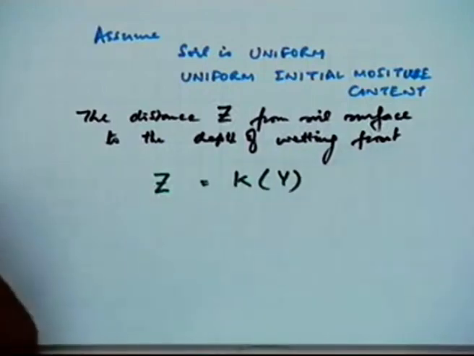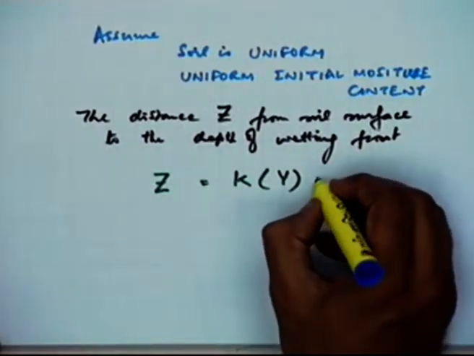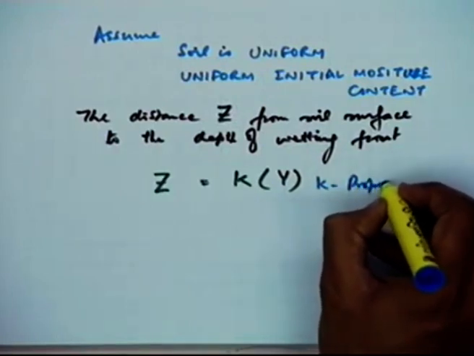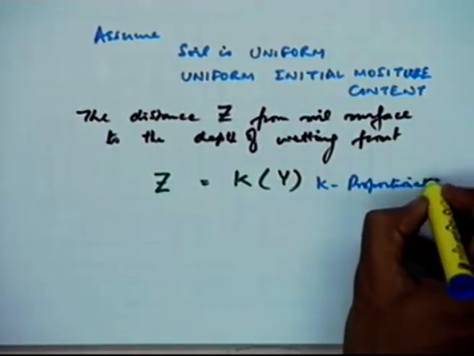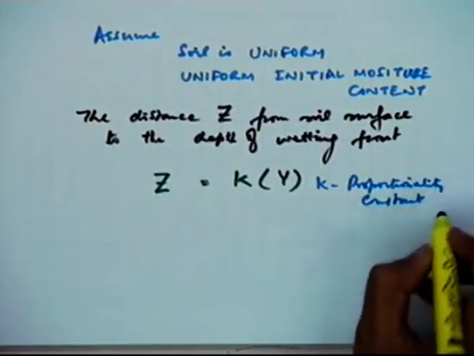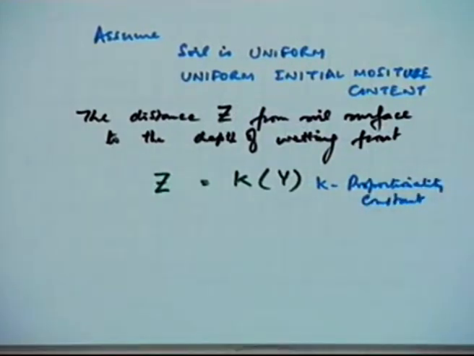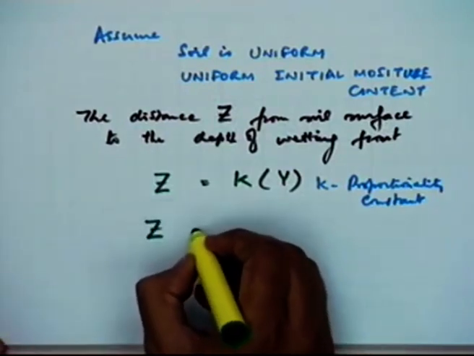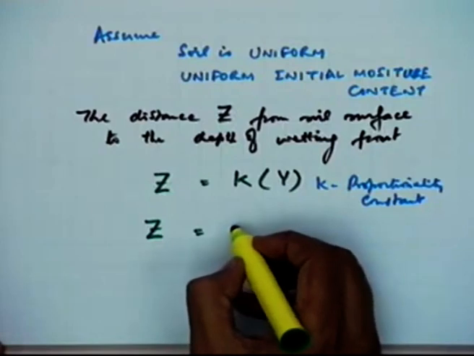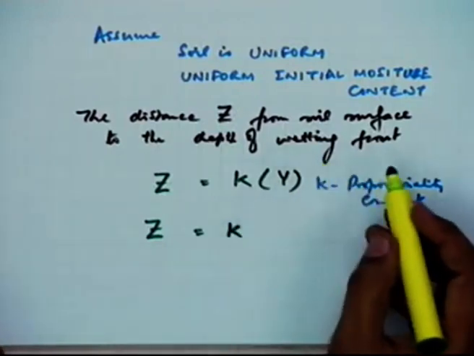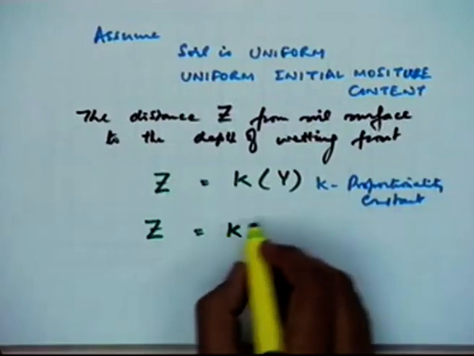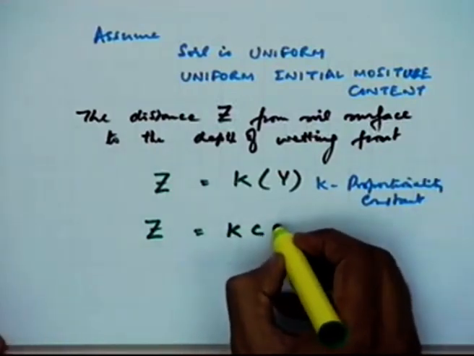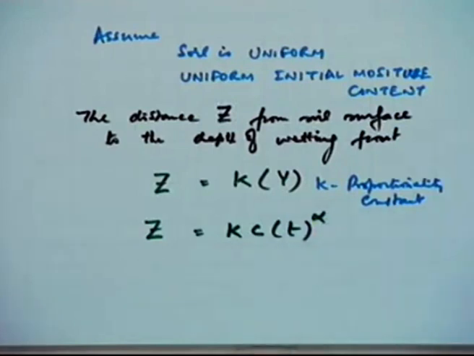If k I define as a proportionality constant, then I can express z with respect to y, and if I substitute y from the Kostyakov equation, this can be expressed as C t to the power alpha into k.